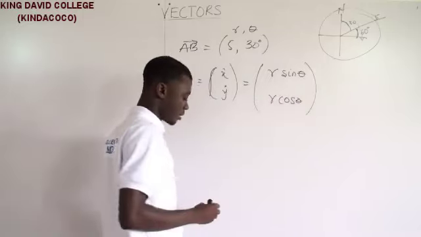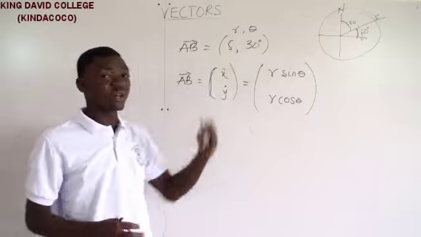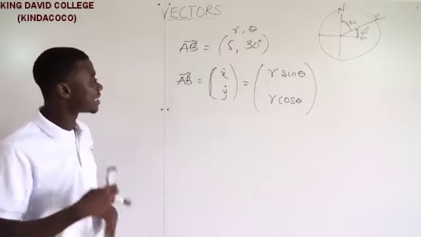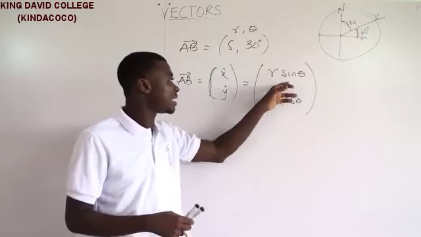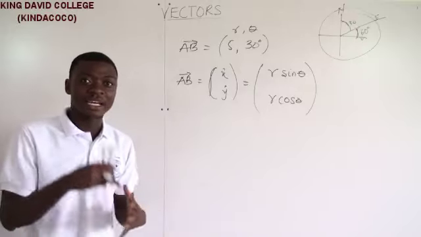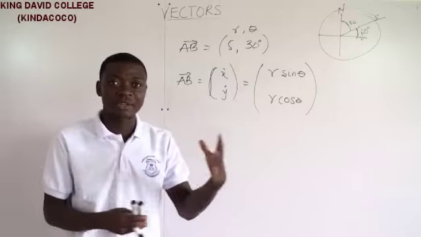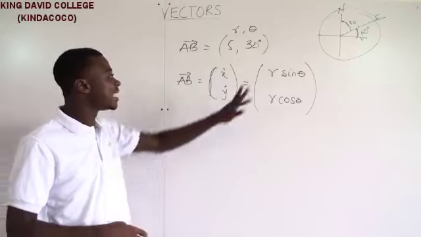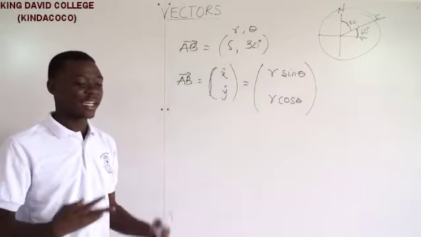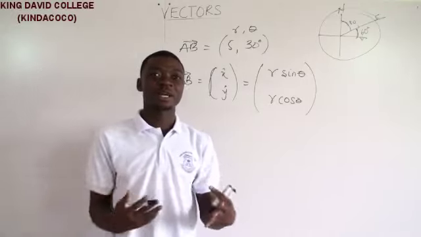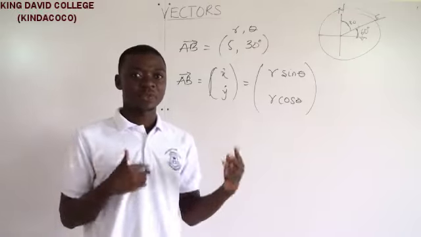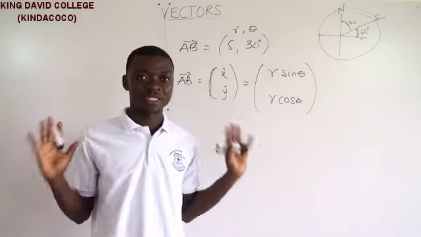When you do it this way, you do not need to draw, and you do not need to be looking at whether the angle is acute, obtuse and all those. Just use it this way, and the negatives will come directly, taking account of the quadrant.